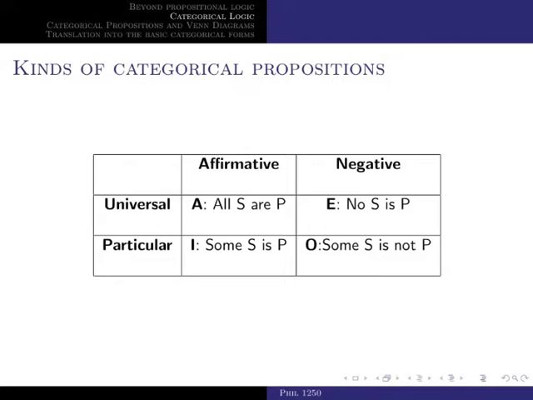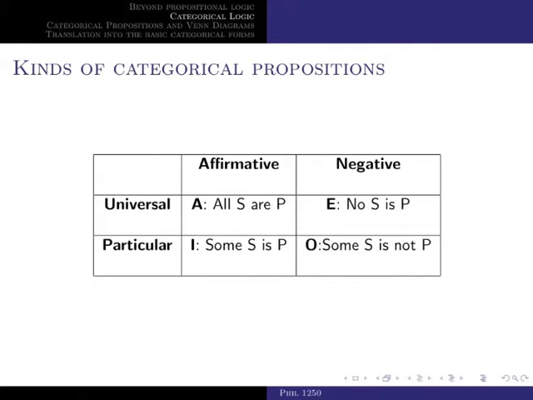And this could be some, or this could be all, or no. So we can see that the particulars are I and O, because they deal with some S. On the other hand, both A and E are universal, because they have to do with all the individuals that are S. The first one says that all S are P, and the second one says that no S is P, that is, all S are not P.